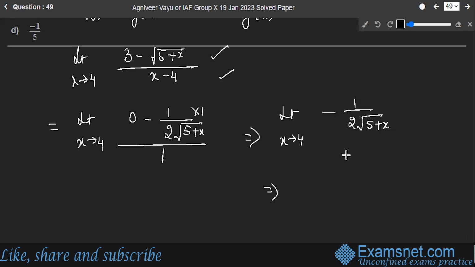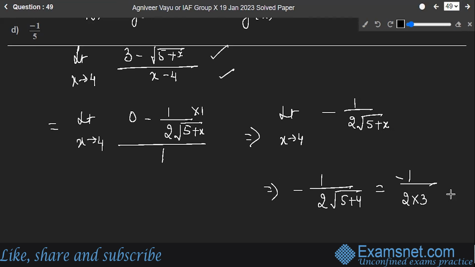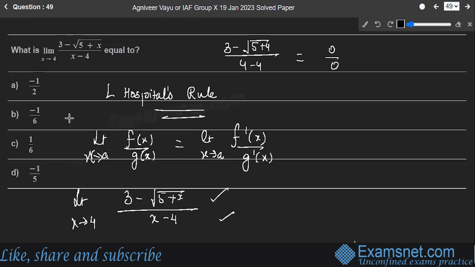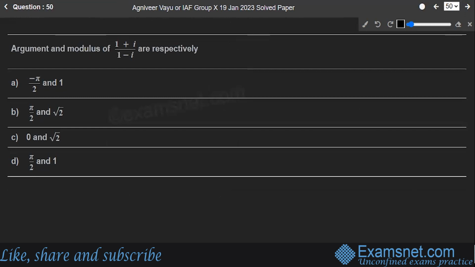Now if I put x is equal to 4, this will be equal to minus 1 upon 2 into root 9, which is minus 1 upon 2 into 3, that is equal to minus 1 by 6. So this is the correct answer to the question, option B. Hope you got this.